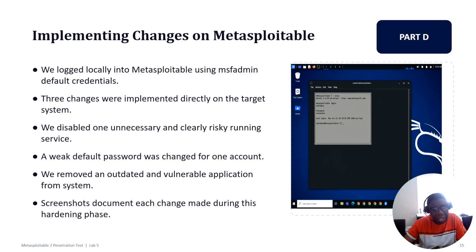First, I disabled one service that was clearly unnecessary and risky. Second, I changed a weak default password on one of the accounts. And third, I removed an outdated vulnerable application entirely from the system. You can see screenshots here documenting each of these changes as I made them.